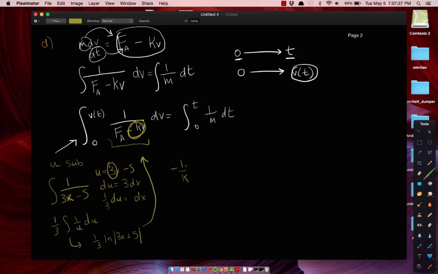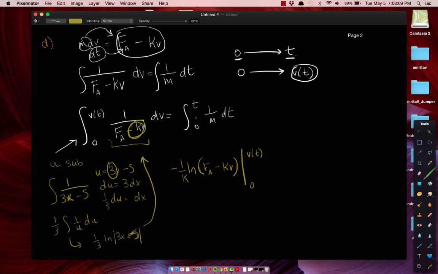And then ln, and this whole thing goes inside, so ln of Fa minus kv. Just like 3x minus 5 was here and then got pulled here, it's the same equation, and we're taking the whole thing and putting it inside the ln. So we have negative 1 over k ln of Fa minus kv, taken from 0 to v of t. So we got this side done.